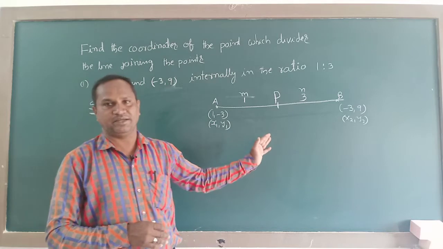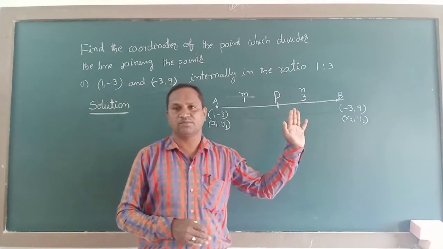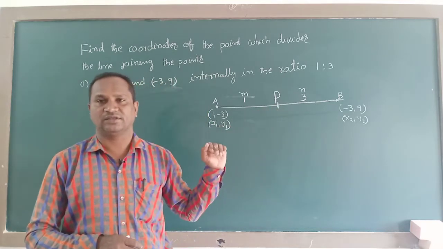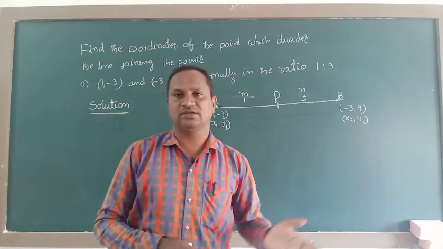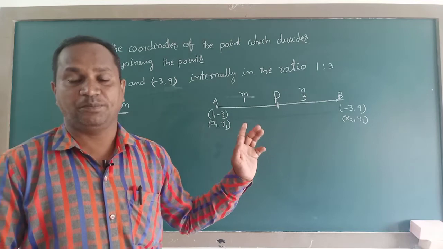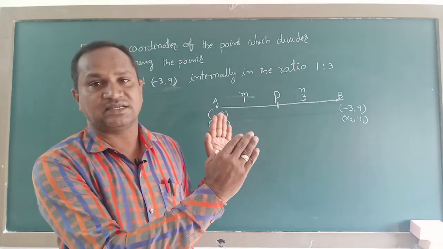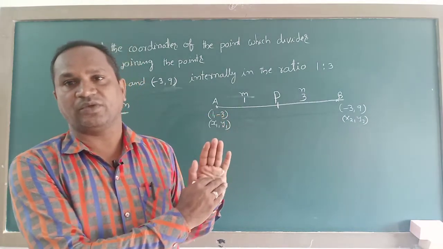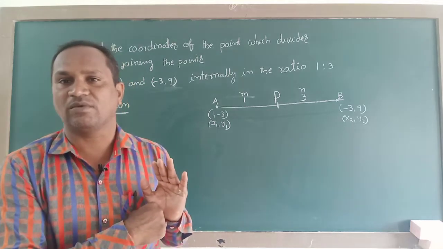If it lies inside, we have to apply the internal section formula; if it lies outside, we have to apply the external formula. Here the point P lies inside the points A and B, so we apply the internal section formula.